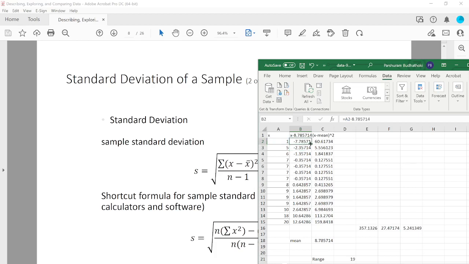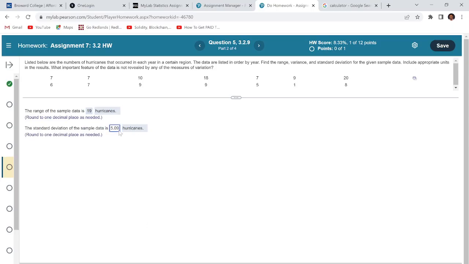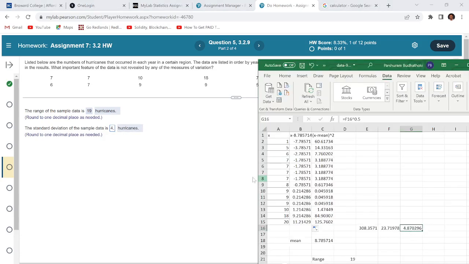So I'm going to do the same thing for each of these values. Now when I do that, my answer changes, and the answer would be 4.870296. If I have to round it to one decimal place, it would be 4.9. When I go back here and enter it one more time, it's 4.9.